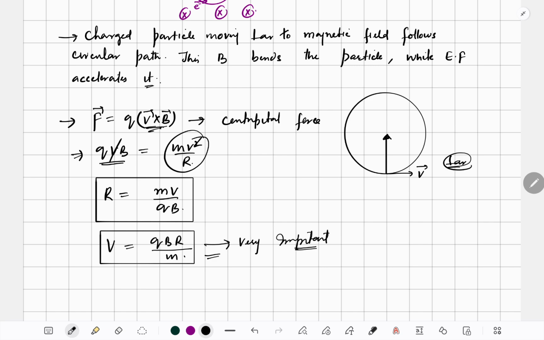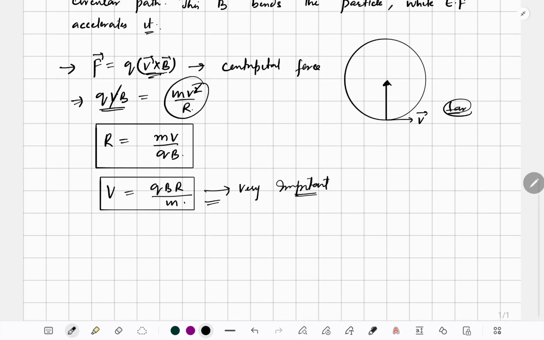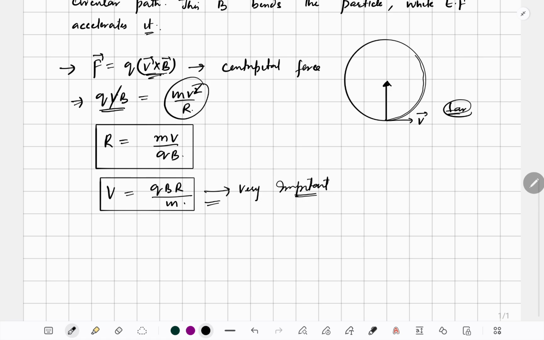Okay, now we can also find the time period. It covers, let us say, this whole circle, 2 pi r. That would be the distance, and its velocity is v. So we know velocity is the total distance traveled, 2 pi r, divided by time. So we can find the time period, that is 2 pi r divided by v.